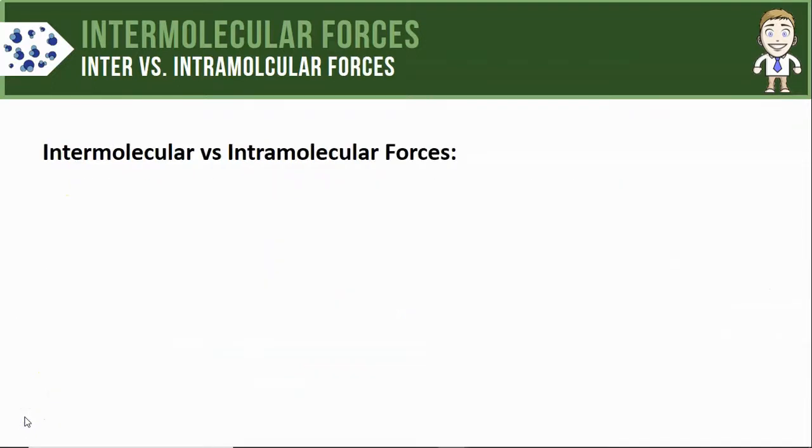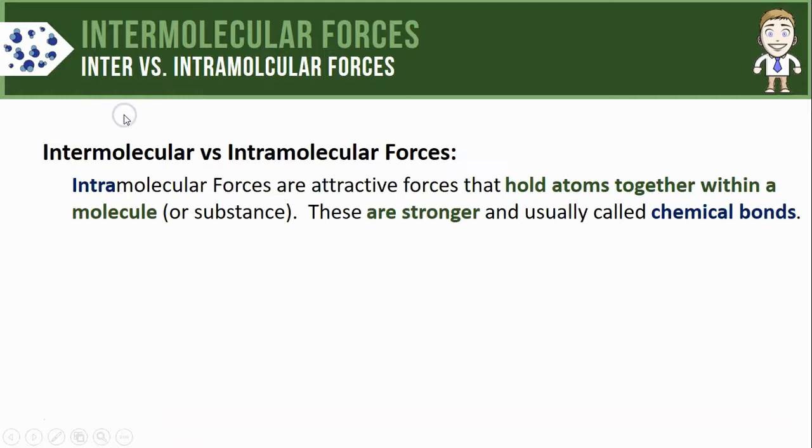To begin the classification process, we first have to know that there's two broad categories of attractive forces in chemistry, intermolecular and intramolecular. The intramolecular forces, those are the ones that hold atoms together within a molecule. And even though that word molecular is in the title of this attractive force, we sometimes use this to describe substances that actually aren't made of molecules at all.